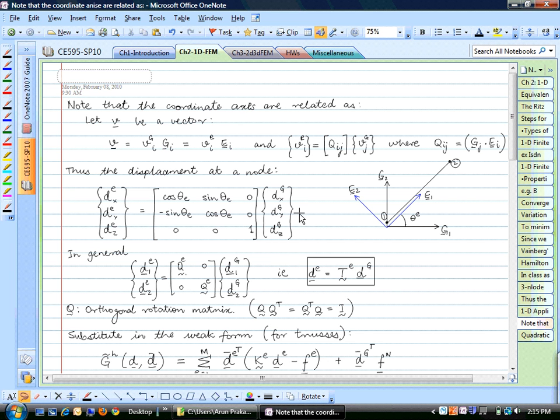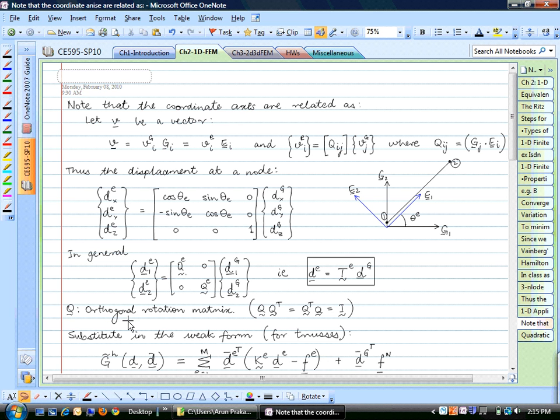In general, for a 3-dimensional case, instead of this matrix with cosine, sine, and all that, you will have a 3 by 3 rotation matrix. This will be an orthogonal rotation matrix, which we are going to denote with Q. The property of these orthogonal matrices is that their inverse is equal to the transpose.